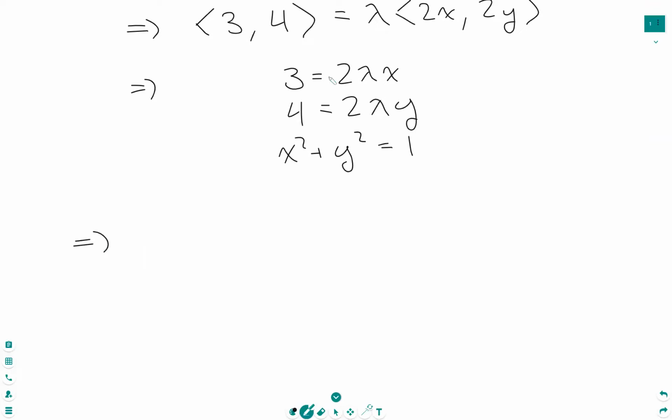Okay, so let's solve this. Looking at my first expression, I can say that x is equal to 3 over 2 lambda. And I can look at my second equation and say that y is equal to 2 over lambda. Okay, so I'm going to plug both of these into my constraint function to see if I can solve for this lambda.